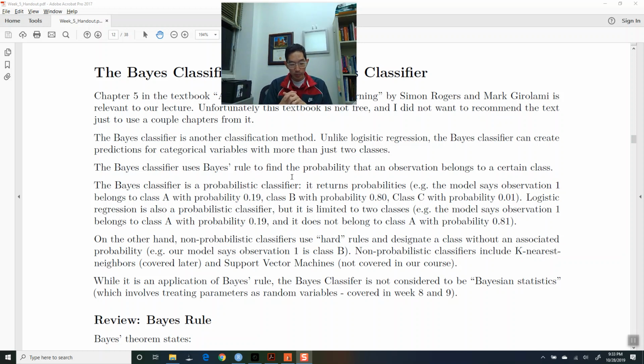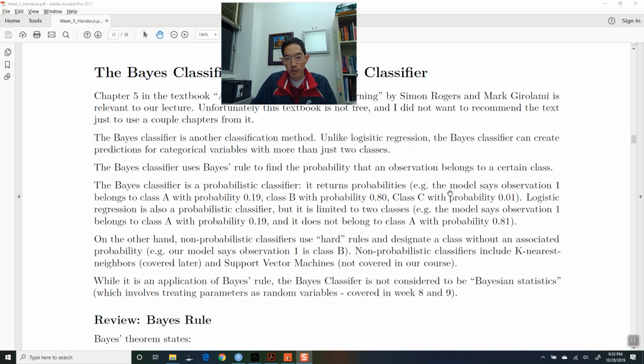It is a probabilistic classifier, very much like logistic regression. Logistic regression will make a prediction with a probability that it belongs to a class or not, and similarly, the Bayes classifier will do the same as well. It's going to say the probability that it belongs to this class is this, the probability that it belongs to this class is this, and the probability that it belongs to the other class is this.